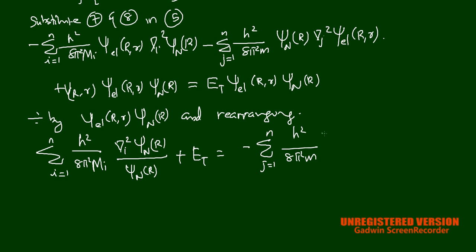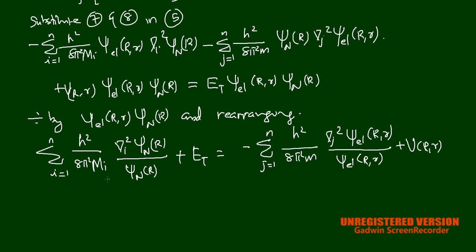What remains is del j square psi electronic(r,R) divided by psi electronic(r,R), plus V(r,R) plus V(R). Because V times psi electronic psi N divided by psi electronic psi N leaves V. So we have this equation here.